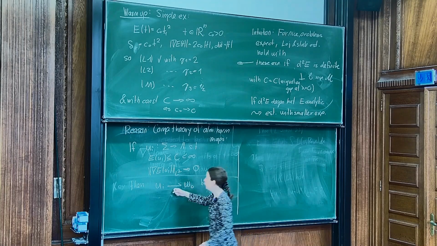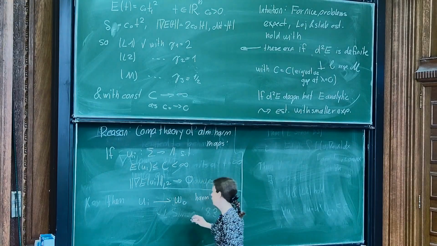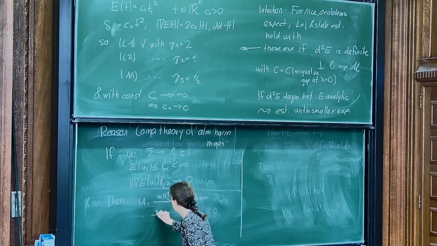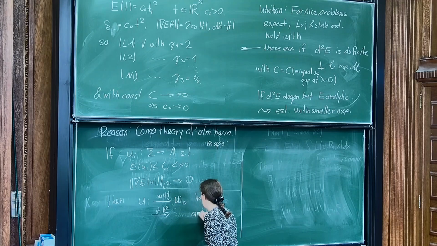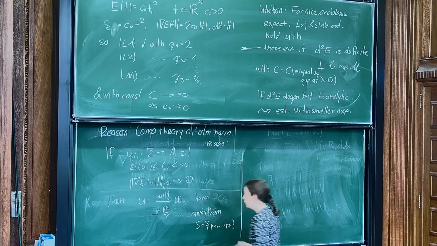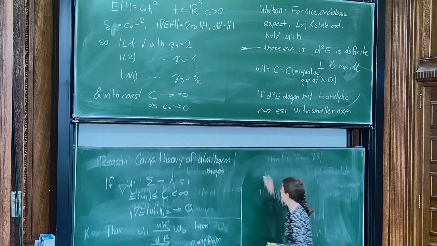And this is weak H1 everywhere, but it is strong H2 away from points. So a singular set, which is just a finite number of points. And then near these points, you have bubbling.